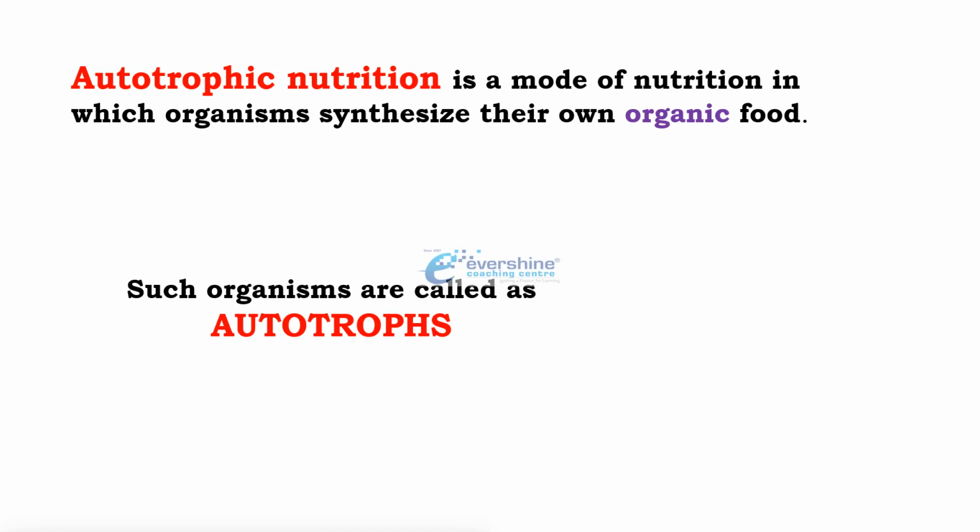It's a simple definition, correct? Good. Now, examples of autotrophs: plants and some bacteria. Most plants are self-nutrition, and some bacteria are also self-nutrition.